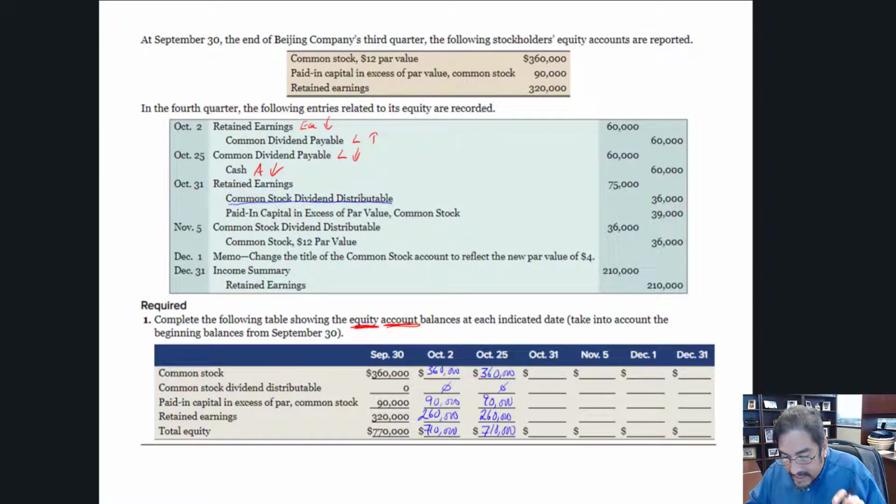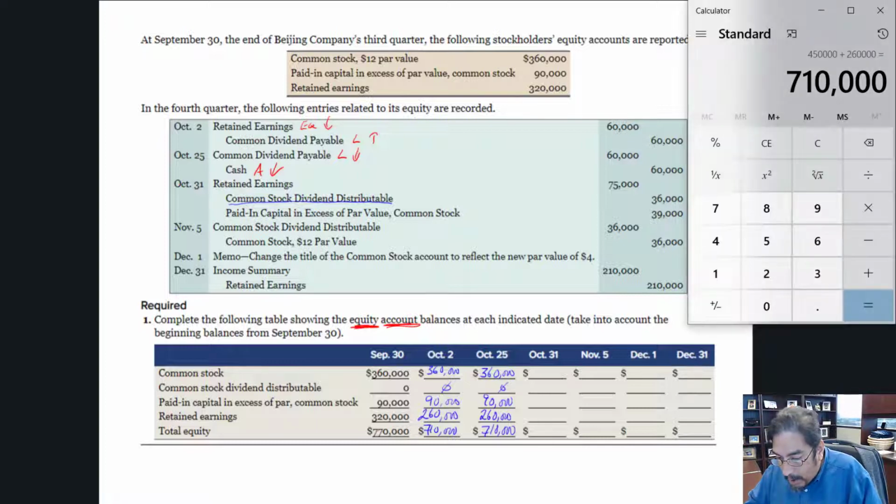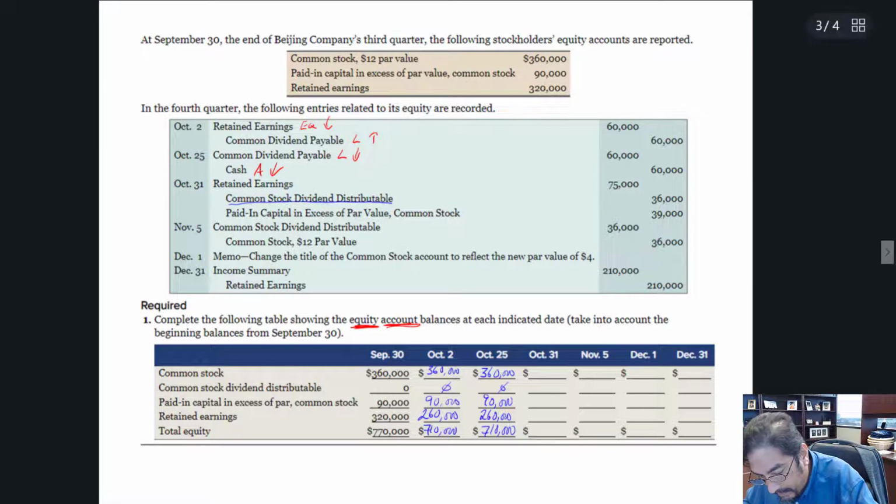So I can use that piece of information, the fact that I'm hitting the common stock. Eventually I'm going to hit my common stock account for $36,000, and our par value is 12. This is 3,000 shares that I'm paying out as a dividend.